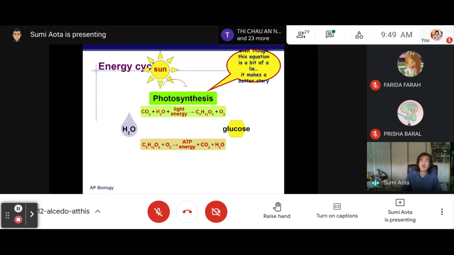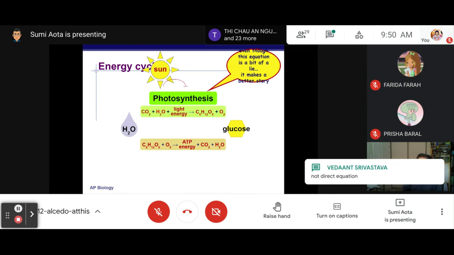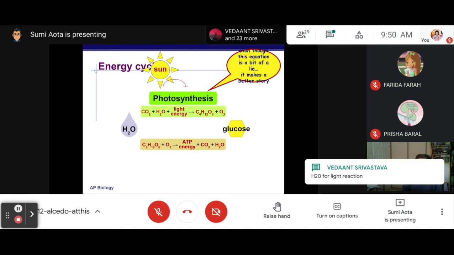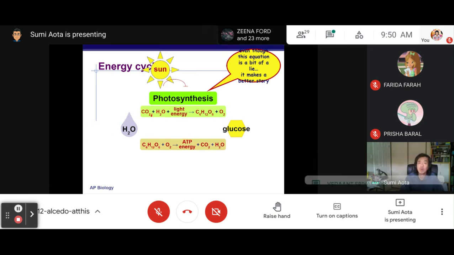The way it's currently written, why is it a lie? Not only is it not a direct equation, what's the lie? Yeah, you're not combining CO2 and water to make glucose. The water is used in the light reaction, CO2 is used in the Calvin cycle. So it makes a better story, which is why we present it this way, but this isn't actually true.